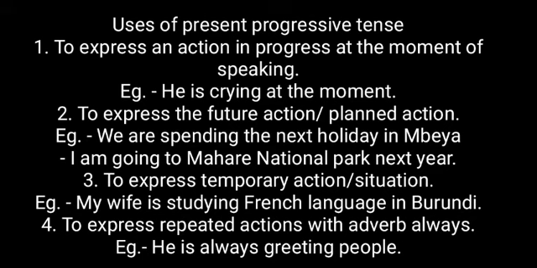You may be asked one day, change the following sentences by using going to. Going to means the word which is being used to express the future action, but you use present progressive tense.